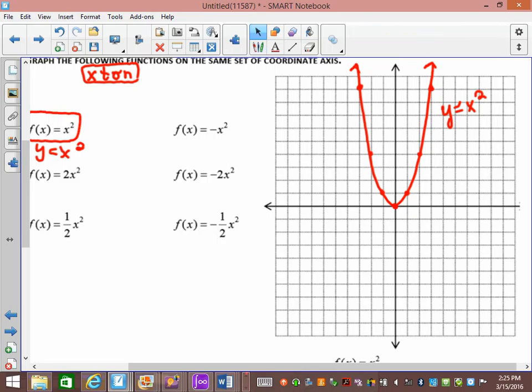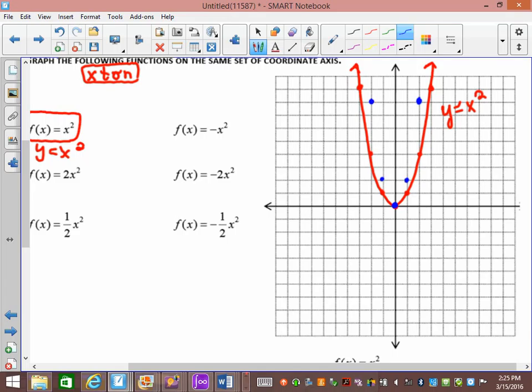So you still have 0, 0, and then you have 1 and 2, negative 1 and 2, and then you'll have 2 and 8, and negative 2 and 8.